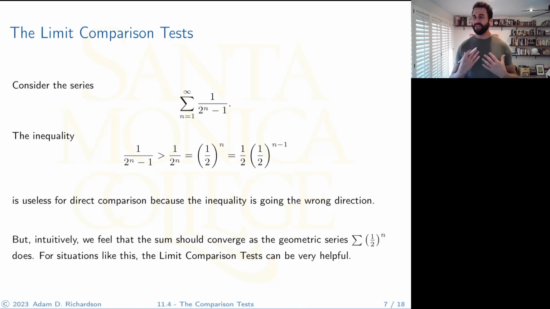No help. That's no help because the inequality is the wrong way, right? Our stuff is bigger than something we know converges. So we don't know anything about what's going on with our stuff.